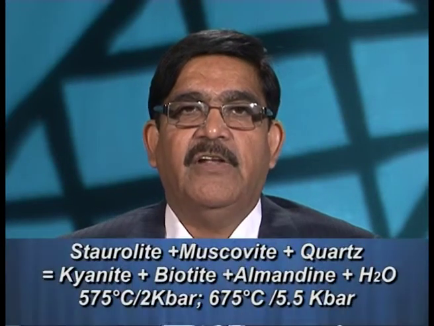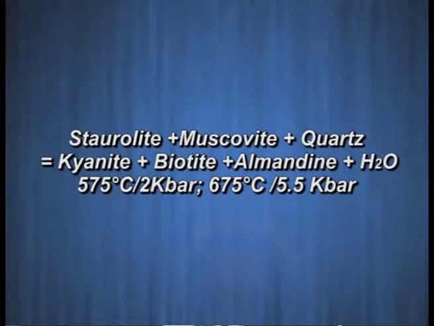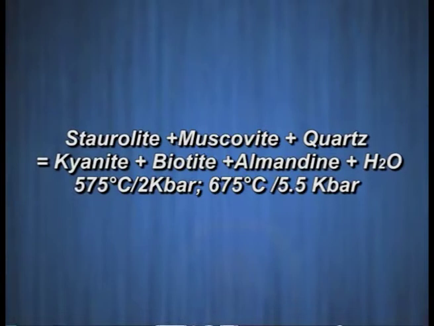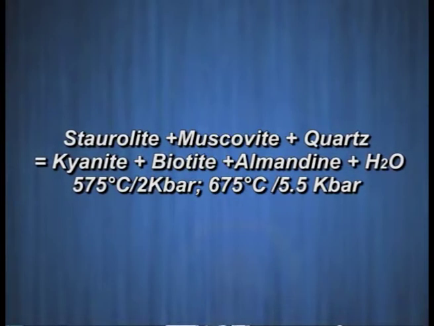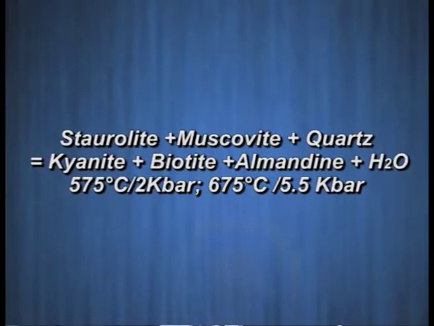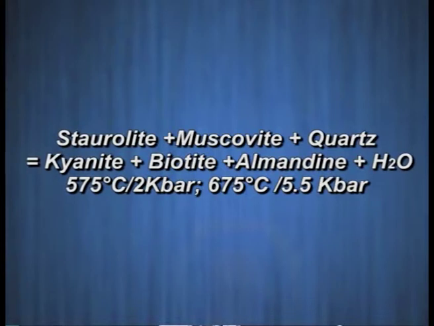The reaction is staurolite plus muscovite plus quartz giving rise to kyanite plus biotite plus almandine garnet plus water, which occurs at 575 degrees centigrade and 2 kilobar, or 675 degrees centigrade and 5.5 kilobar, as carried out by Hoschek 1969. The reaction has been revised by Hoschek and probably the temperatures given are higher.